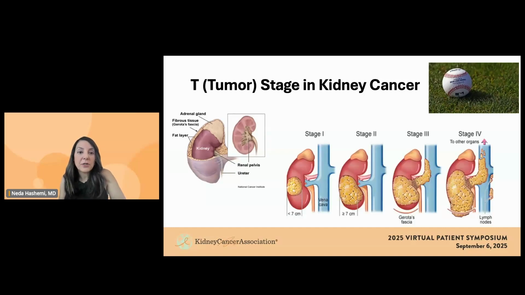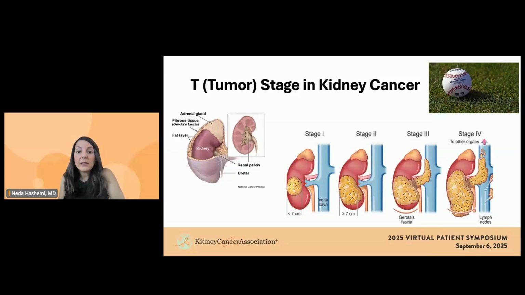So this is how the measurement goes. On the left, you see T1, stage 1, and this is when the kidney tumor is inside the kidney and it's less than 7 centimeters, so less than the size of a baseball. And then when the kidney tumor grows, if it grows 7 centimeters or above that, that's called the stage 2, as long as it's still confined to the kidney itself.